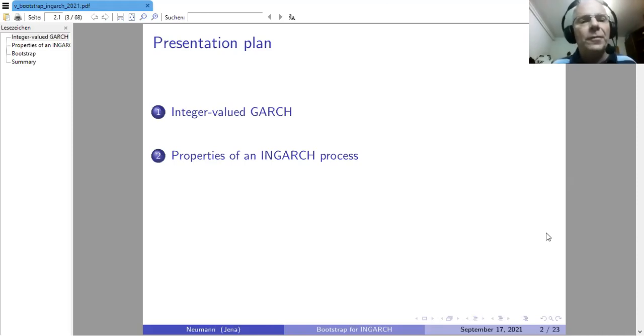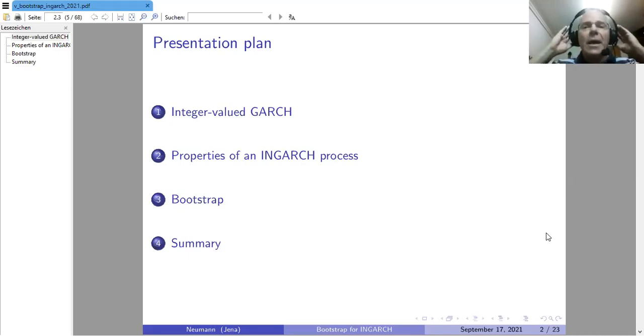Then I will briefly discuss a few properties of these processes and introduce a very simple method of bootstrapping these processes. And finally, I will conclude. So you will see that none of the results that I present today will be terribly surprising. My talk is more intended to be a methodological one. I will present a simple method based on coupling ideas, which makes simple proofs of all the results possible.